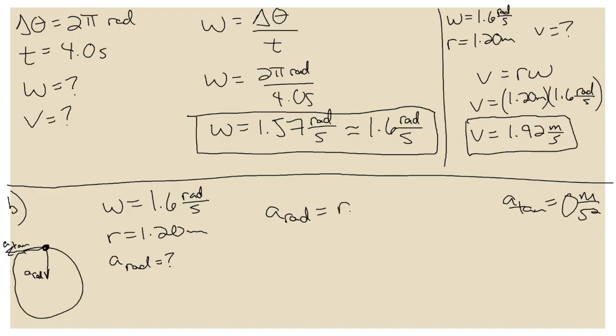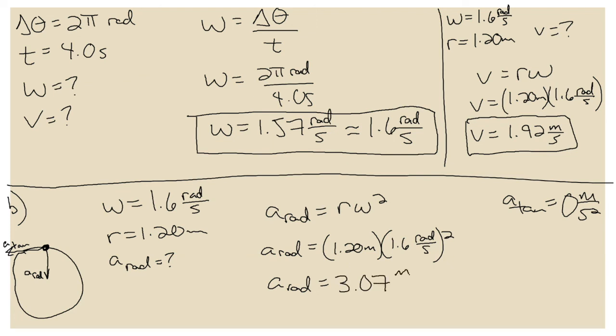That means the radial acceleration here is 1.20 meters times 1.6 radians per second, squared. And when you do that math, you get a value of 3.07 meters per second squared.